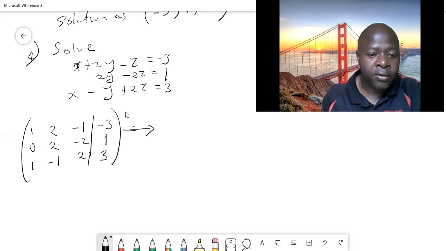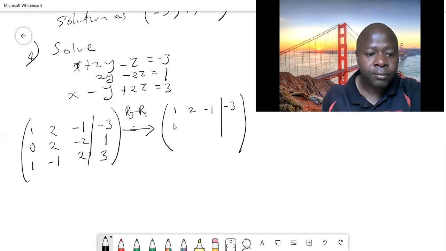So we'll have row 3 minus row 1. Row 1 remains where it is. Row 2 already has a 0 in the position we want, so we just leave it.